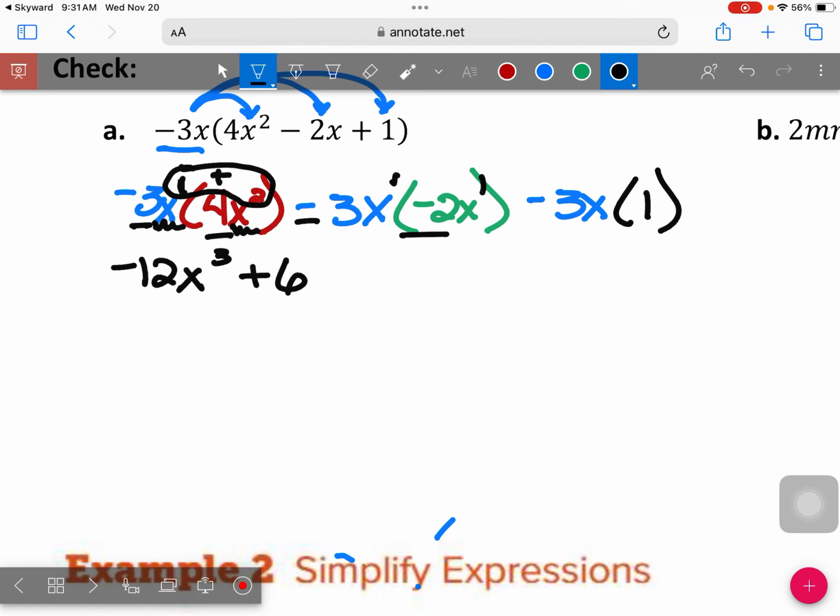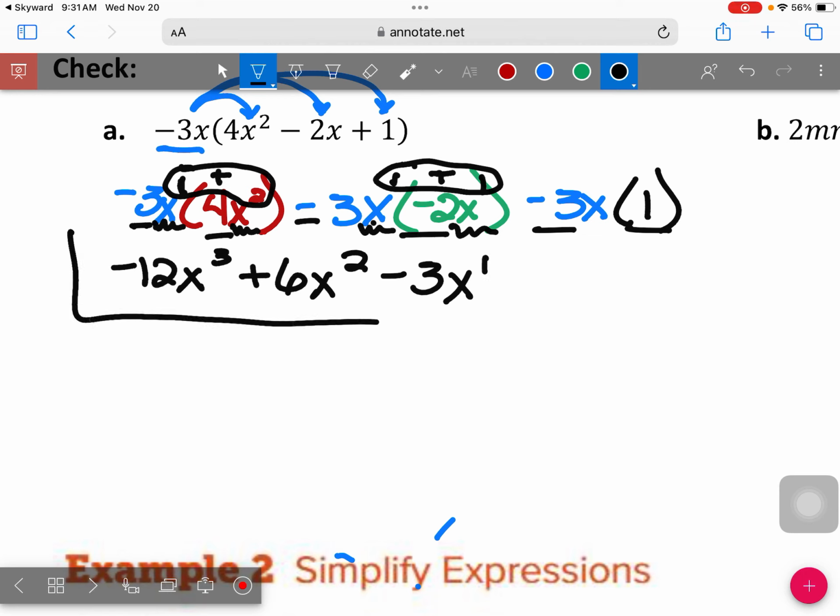No exponent, put a 1 on it. They have the same base. Add the exponents. So x to the 1 plus 1 is x squared. And negative 3 times 1 is minus 3x. You could put a 1 on it, or you could leave it like it is. This is and should be your final answer.